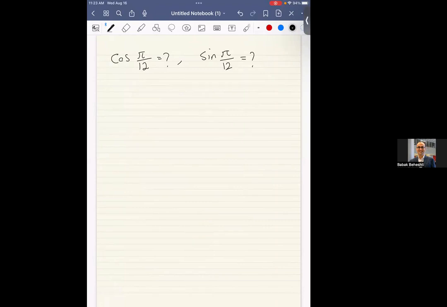Can you write pi over 12 as a sum or difference of two well-known angles? So can you write pi over 12 as like A plus or minus B? Two angles.